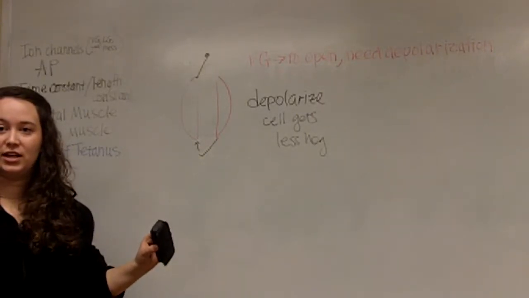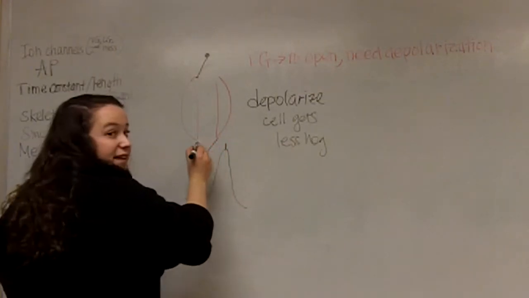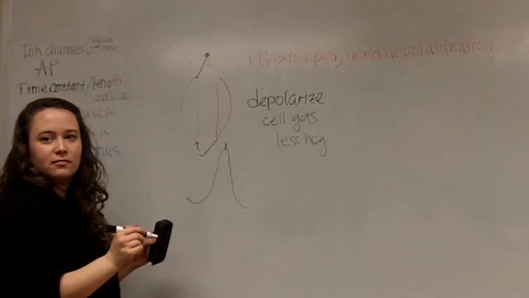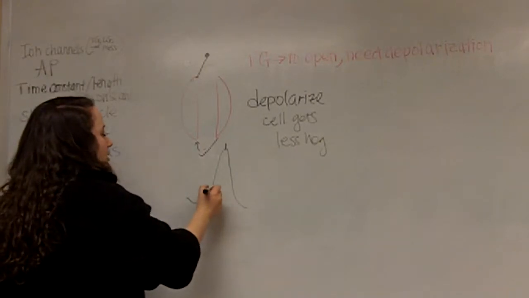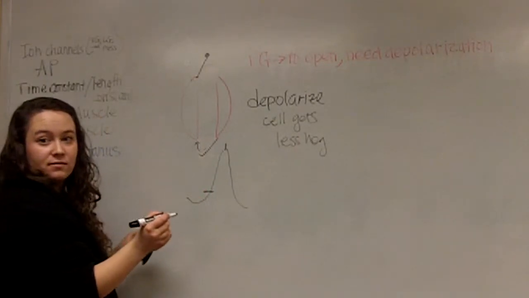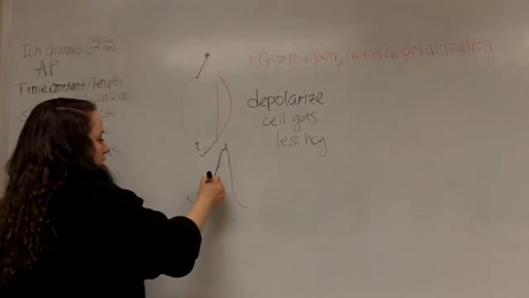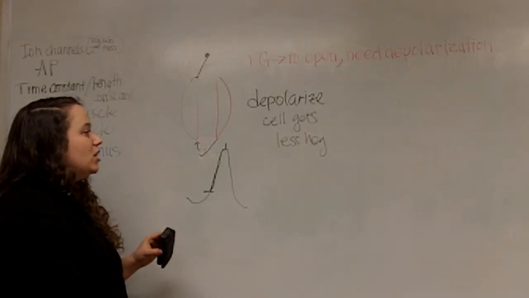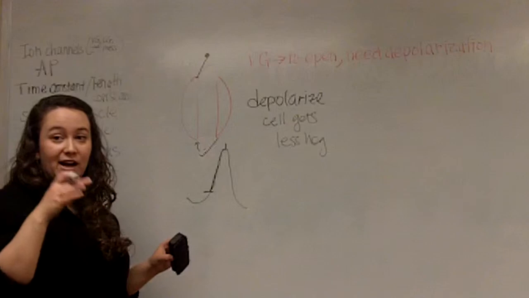When you have the sodium rushing in, at the very top of the action potential, this is where this gate gets completely closed. Okay, hang on. I'm gonna have to write all that down. So, the sodium rushing in. Right. So this is where the activation gate opens. Okay. And this stretch going up, this is where the sodium's coming in. And as the sodium comes in, the inside of the cell gets more positive because you're sending a positive ion into the cell.